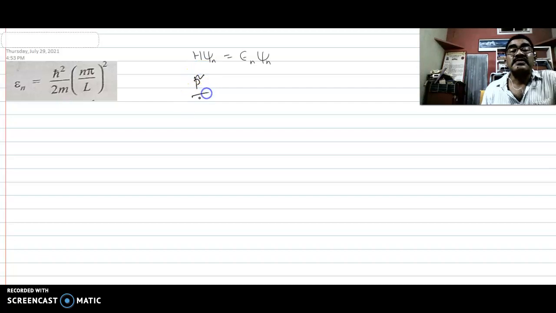p square by twice m is equal to the Hamiltonian. In quantum mechanics, p is equal to minus i h cross d dx. This is the value of p in quantum mechanics.